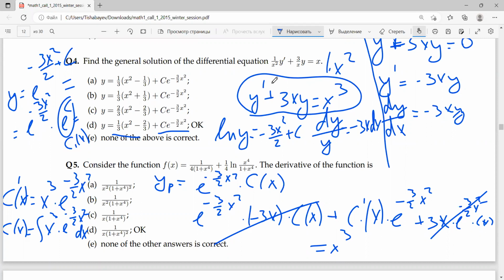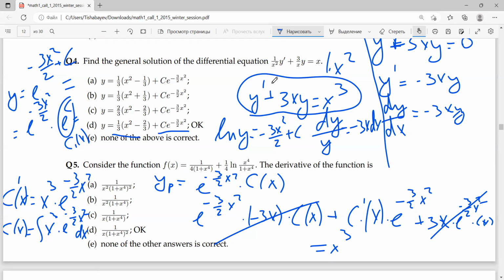Okay, I think now it's clear. Any questions here? Is it clear how to solve first order linear differential equations? Yes, it's clear. Okay, number 5, we'll skip: consider the function and the derivative of the function.